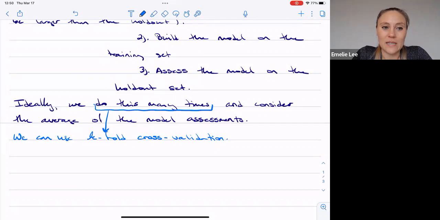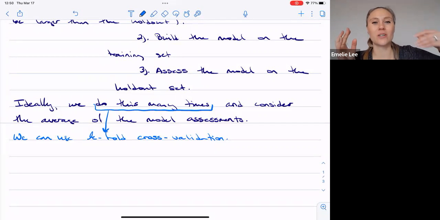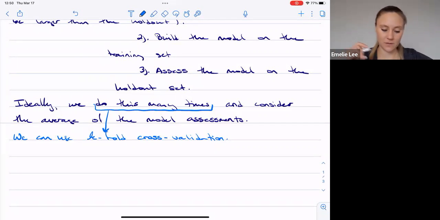Instead of just one cross-validation, you're going to do k of them. You split your sample into k subsets, and then for each iteration, you're going to consider one of those subsets as the holdout set.